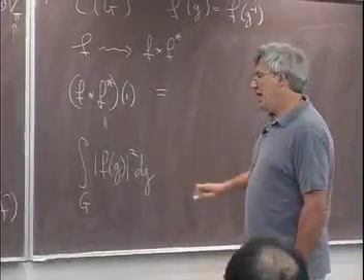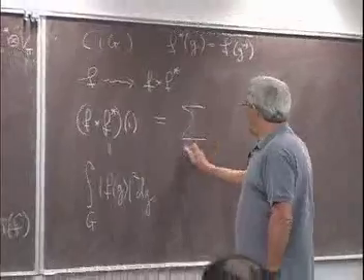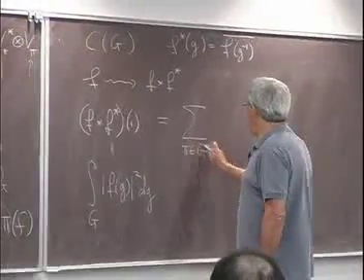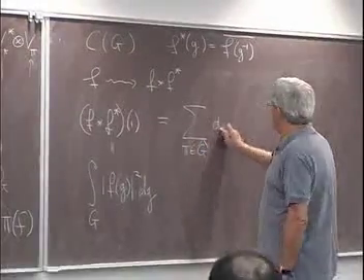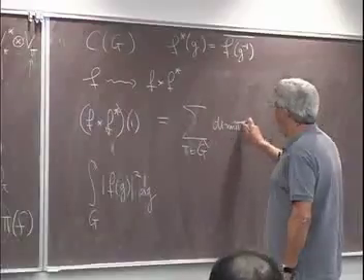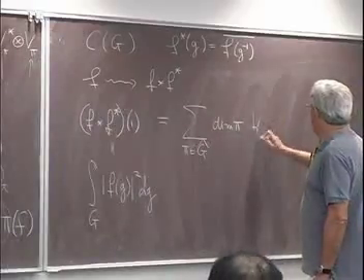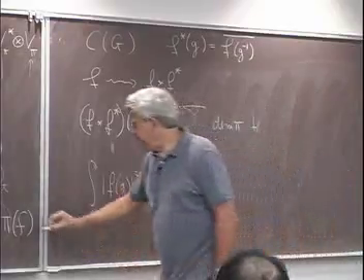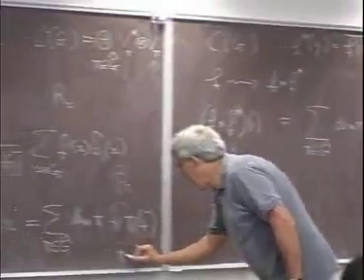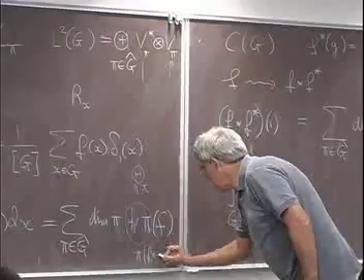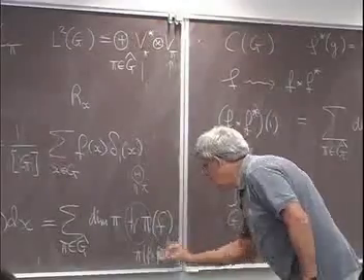And on the other side, I have the sum over pi in G hat of the dimension of pi times the trace of pi of f convolved with f star.